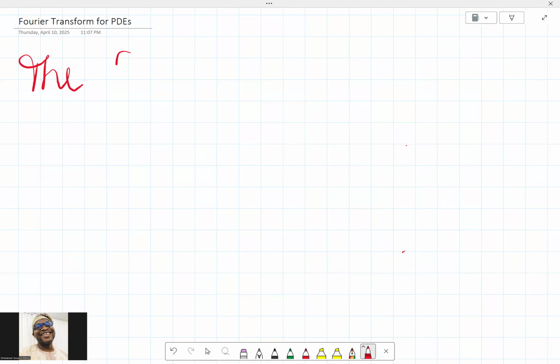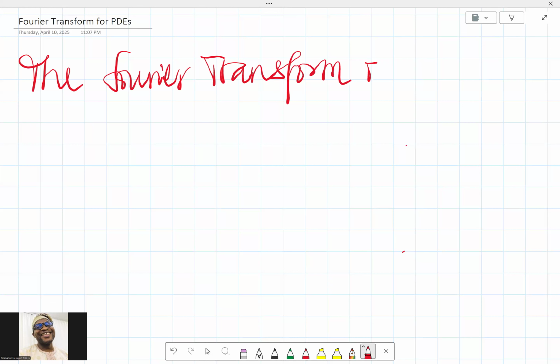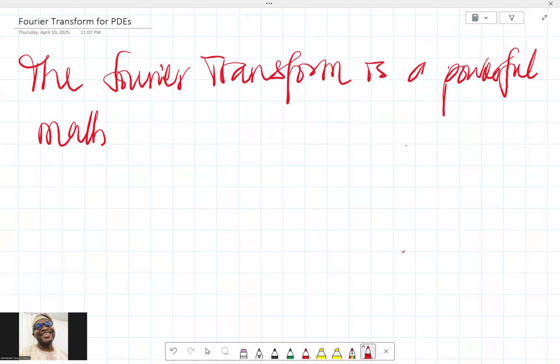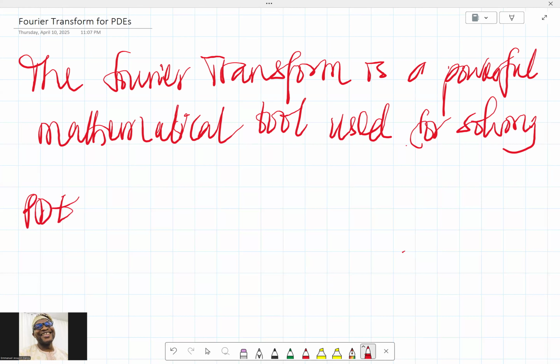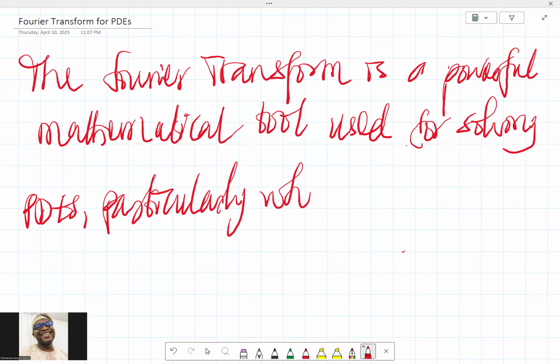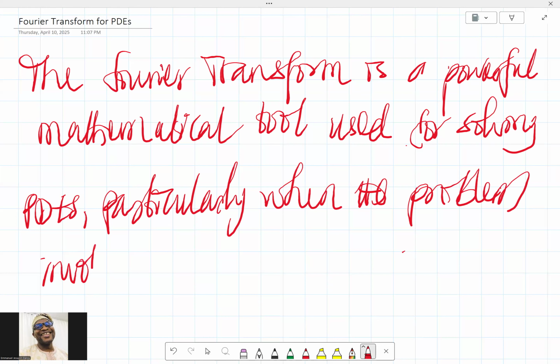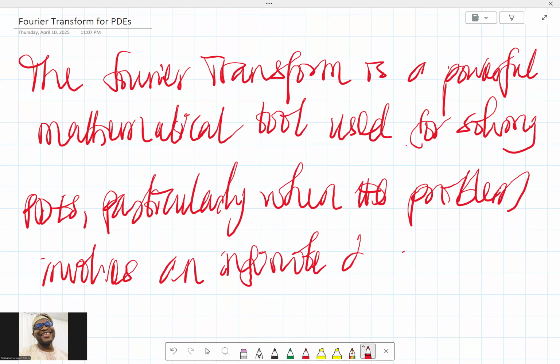First of all, it's important to know that the Fourier transform is a powerful mathematical tool used for solving PDEs. Of course, it's used for many other things, but we can use it for solving PDEs, particularly when the problem involves an infinite domain. Of course, Fourier series covers infinite domain.